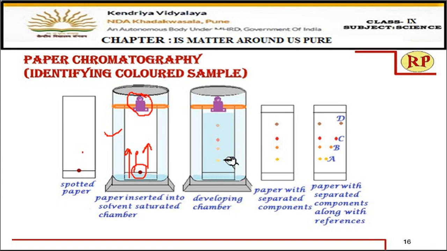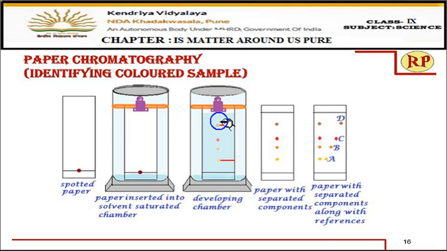Now you can see here that you get a spot here, then another spot here, then a third spot here, then a fourth spot here. So these four different components were present in the ink, which moved along with the water. And why is this spot at a lower height and this spot at a great height?